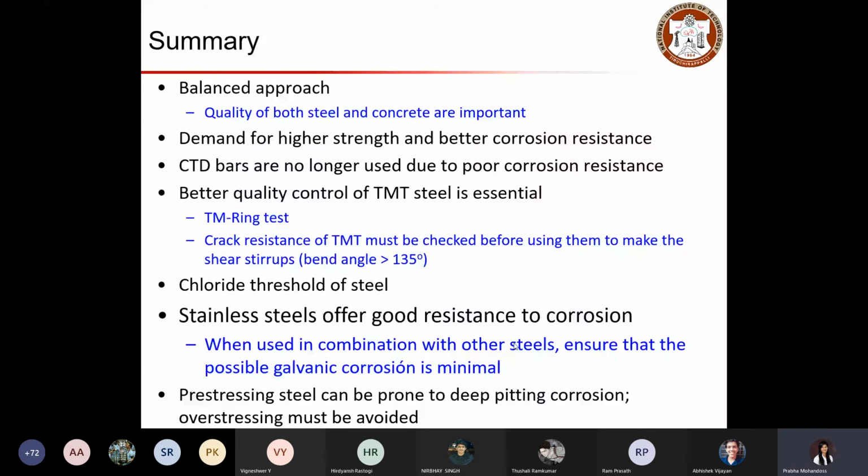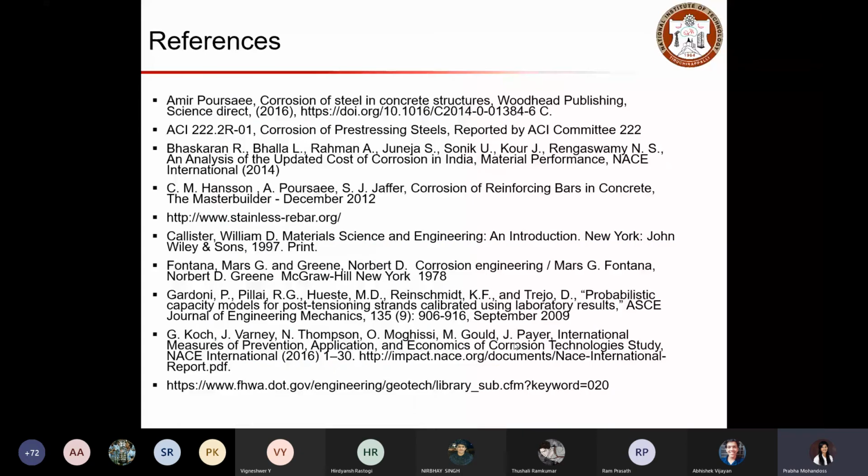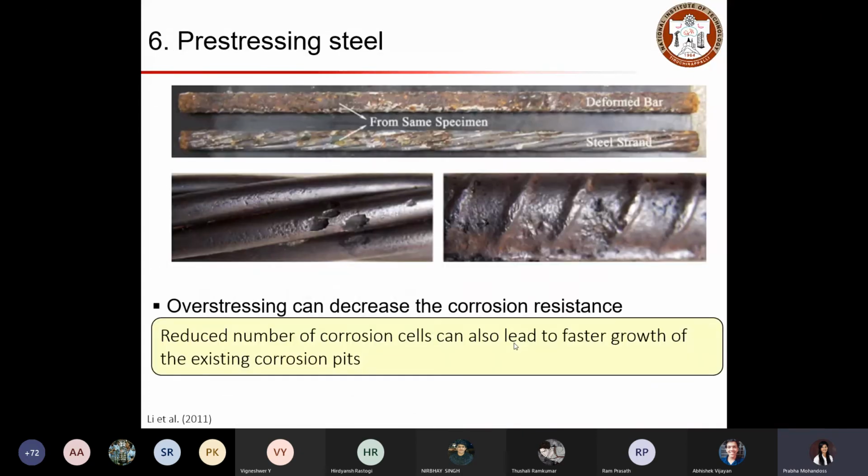Right? So here you can see the same specimen. From the same specimen, you have deformed bars and you have steel strands. When you look closely, this basically indicates that from the same structure you have taken these deformed bars and steel strands. And in pre-stressing strand, you have to consider that these pre-stressing strands are already stressed to a certain level.